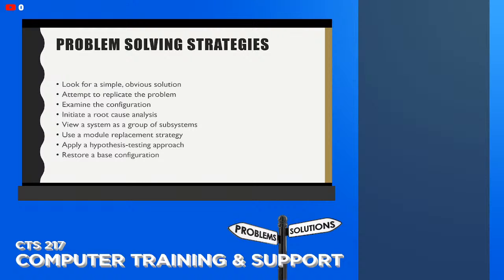Viewing a system as a group of subsystems, essentially what we're talking about doing there is breaking down a problem. If our network connection isn't working, we don't want to look at it holistically as a network that has all of our networking equipment on it.